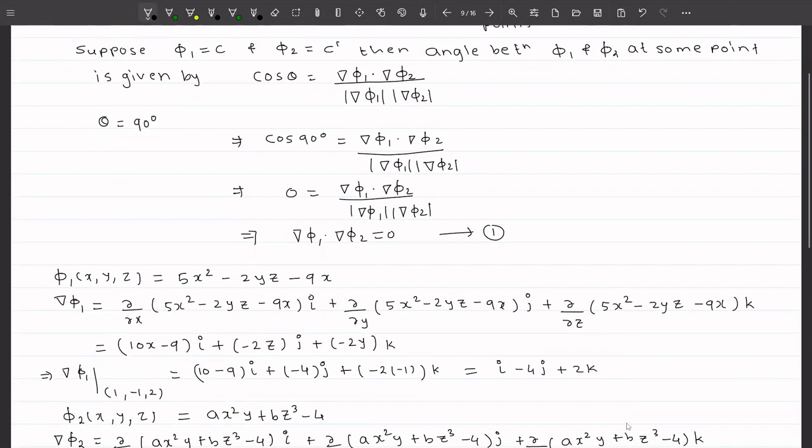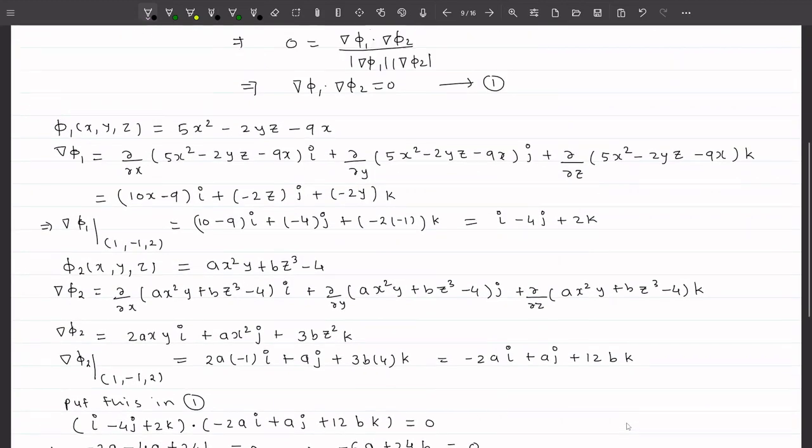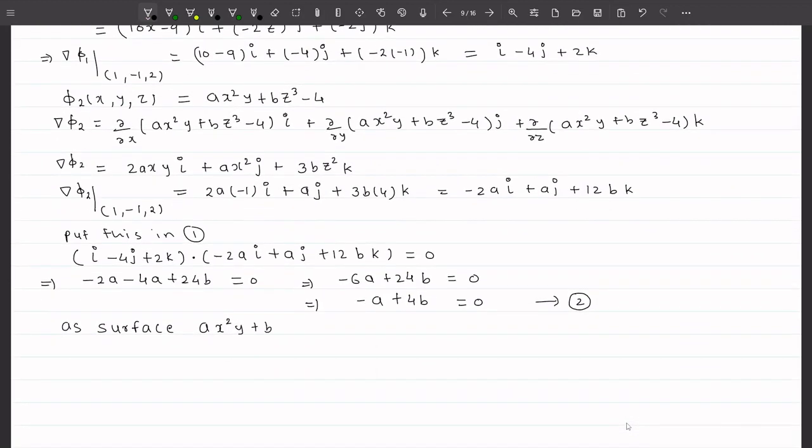So, as the surface ax²y + bz³ equals 4 satisfies the point (1, −1, 2): a into 1 squared into −1 plus b into 2 cubed is equal to 4.